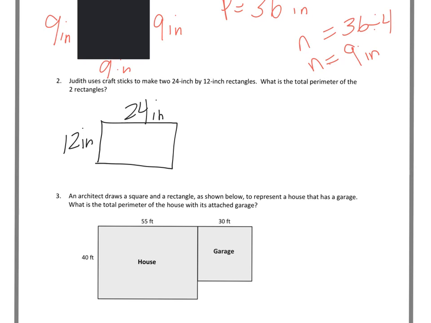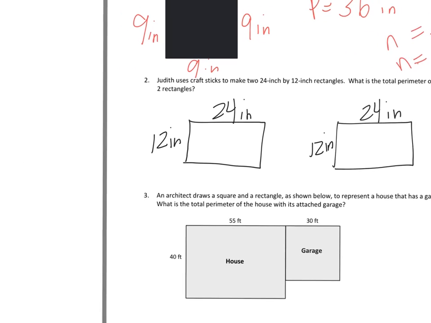So I'm going to find first the measurement of 1. And it doesn't say anything about them being pushed together. So what I'll do is I'll draw them separate. And I know that if I find the perimeter of one of these, I already know the perimeter of the other because it's the same one.